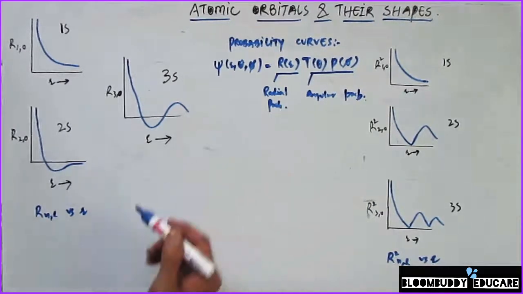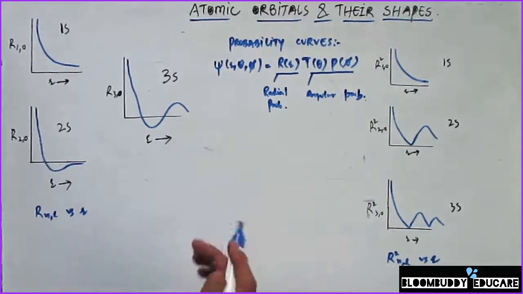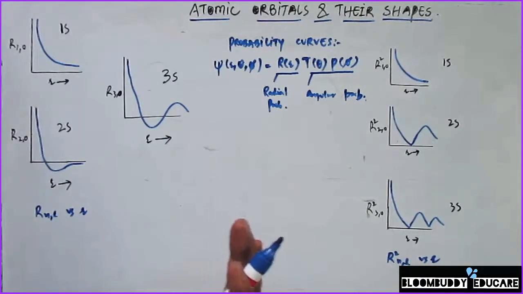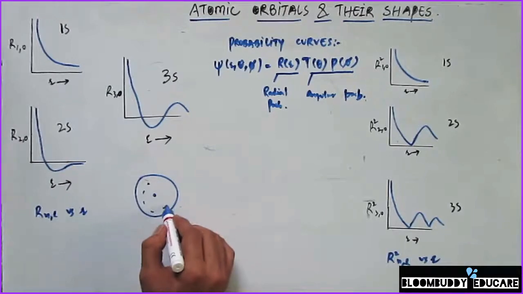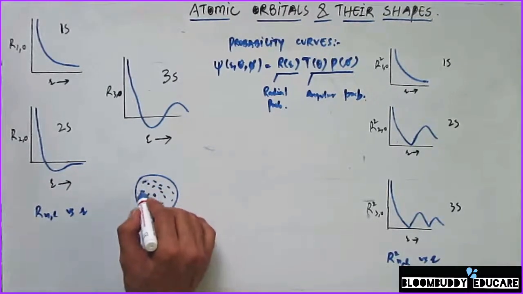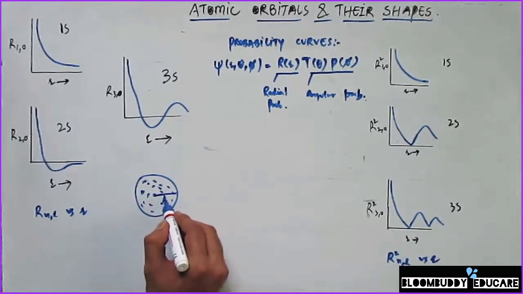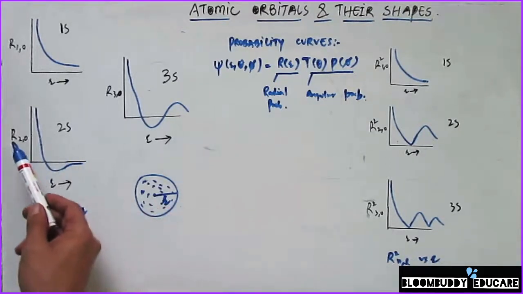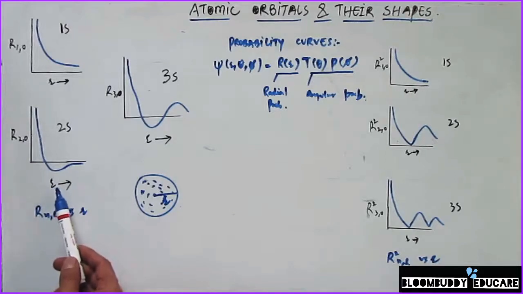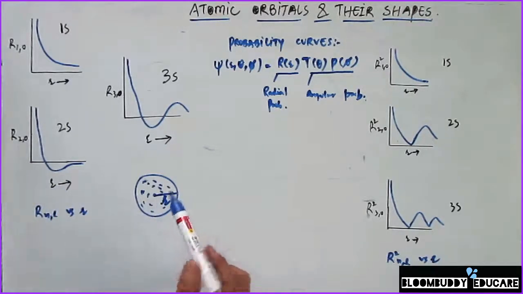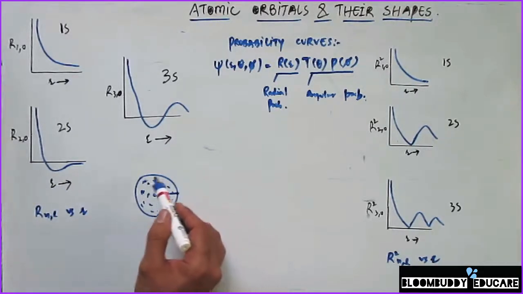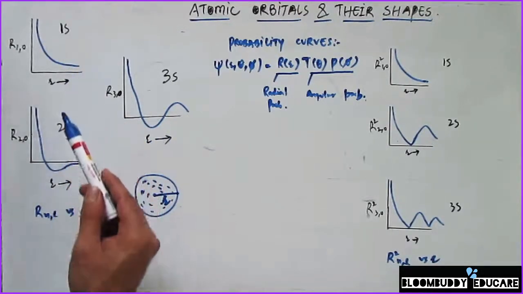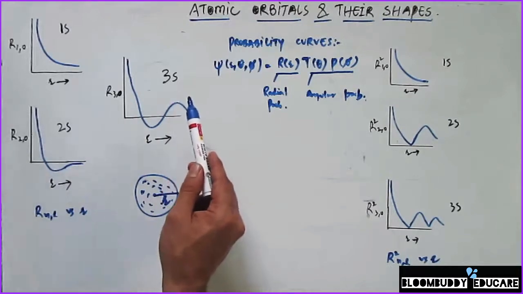First we'll go with the radial probability and see how we can use it to find an electron in an atom around the nucleus, and this distance we will keep as r. When we plot this radial probability against the distance at which an electron can be found in this atomic orbital, I have three different orbitals here: 1s, 2s and 3s atomic orbitals.